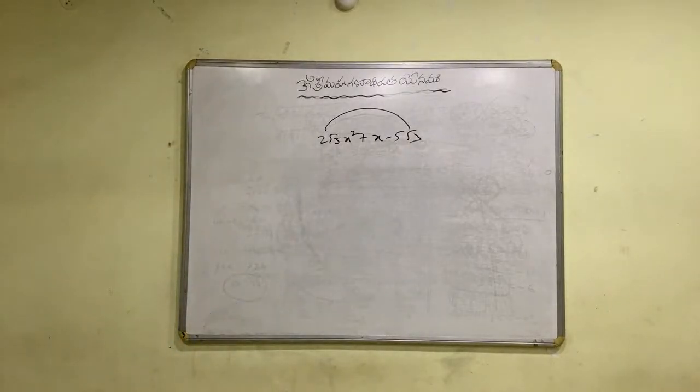What is the value? Type in the chat. Multiply 2 root 3 with minus 5 root 3. Tell the answer. Tulasi, wrong. It is not 30, Tulasi. Yes, Kishore Kumar is right.